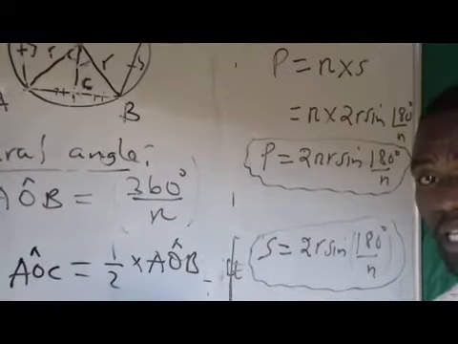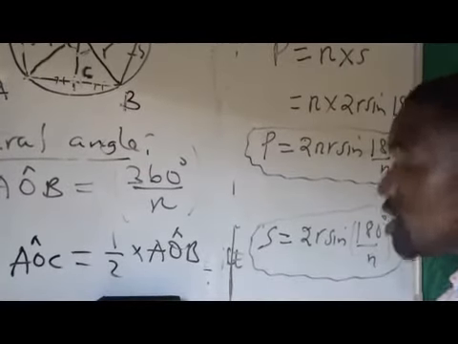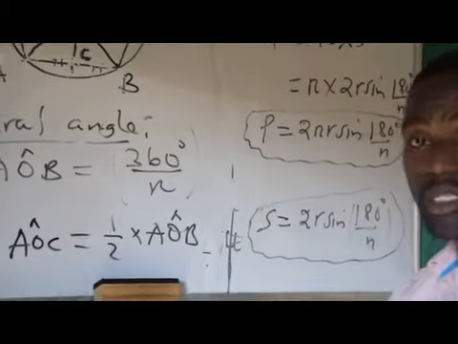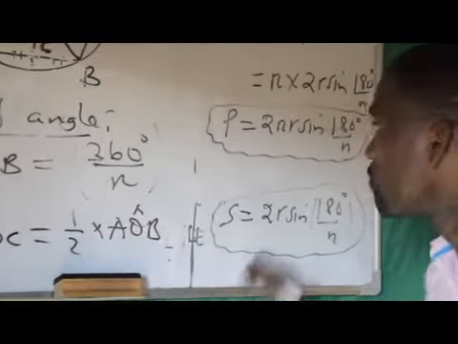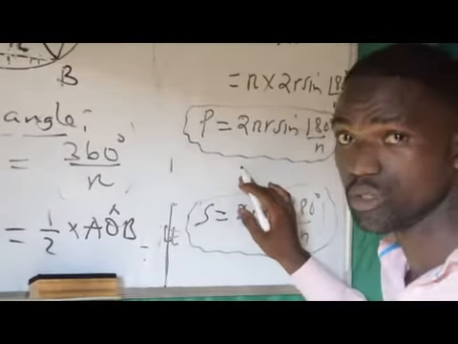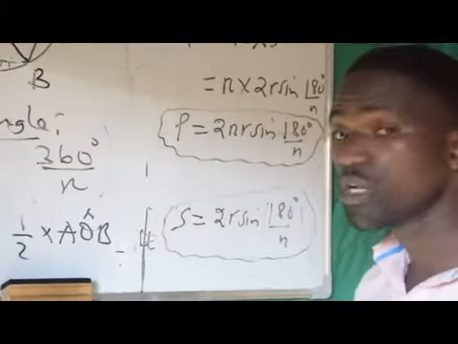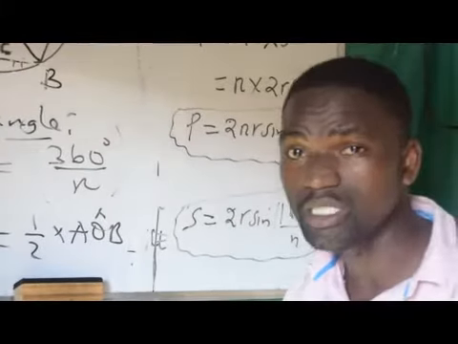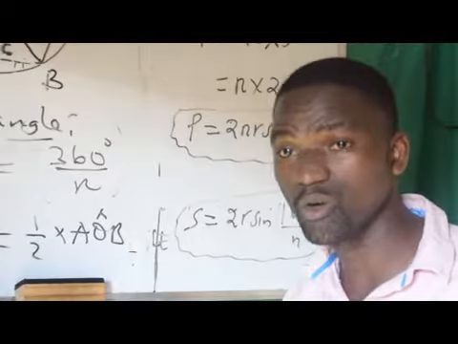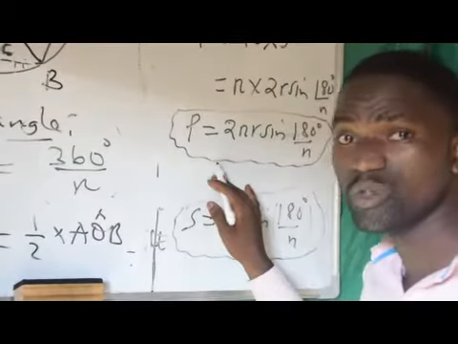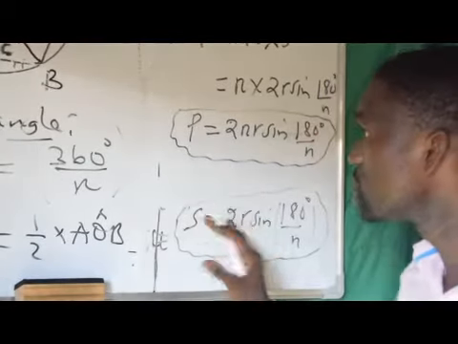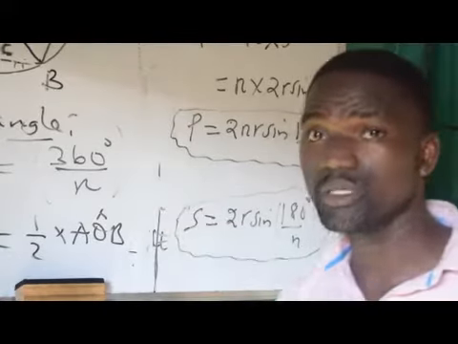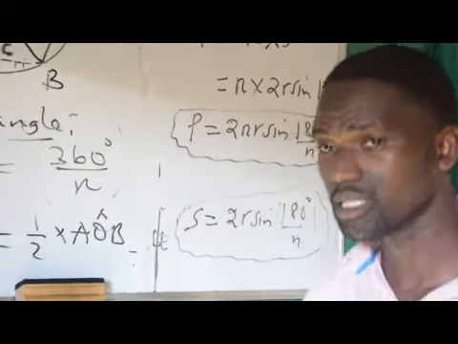But be careful, students. The regular polygon must be inscribed in a circle in order for this formula to be used or to be correct. If the regular polygon is just alone, not inscribed in a circle, this formula is not useful. So it is only useful if the regular polygon is inscribed in a circle.